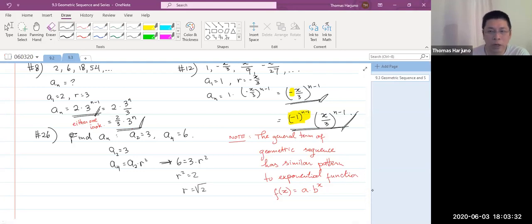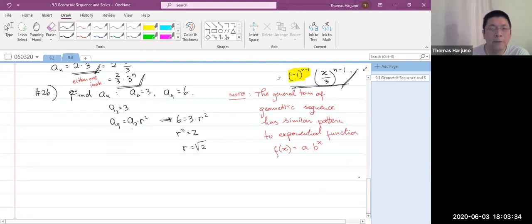Or you may use another method to do that. And then the first term, therefore: the second term equals the first term times r. 3 equals, actually I'm missing something. I should use plus minus here.